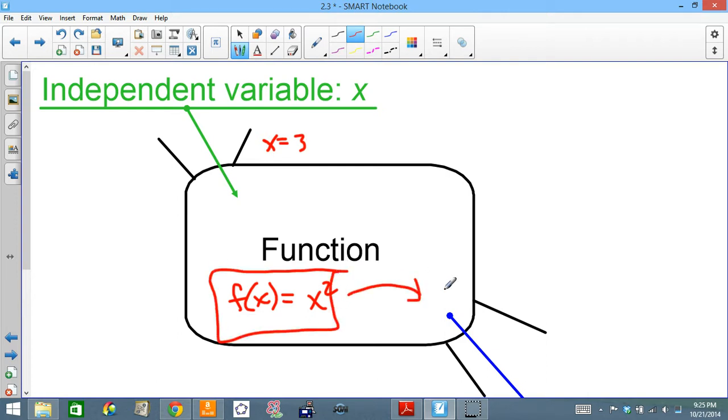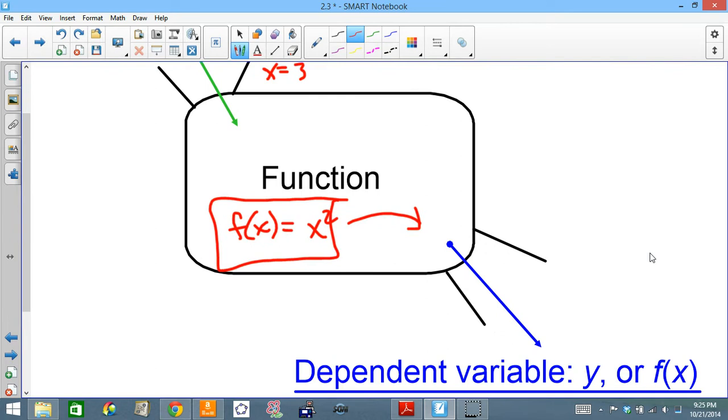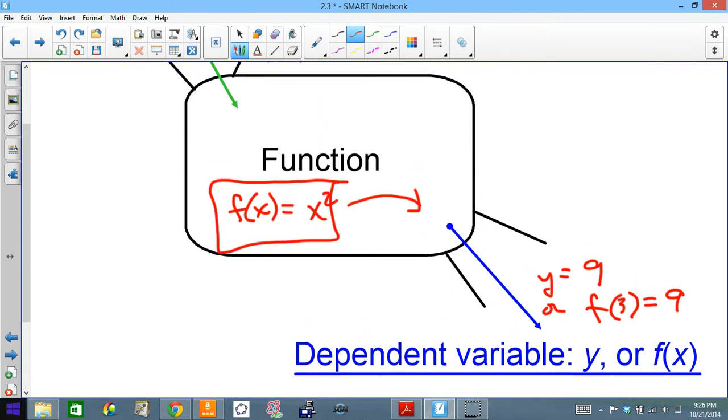And what do I get? I get my dependent variable, f of x, y equals 9. If I start with x equals 3, then y equals 9, or f at 3 equals 9. So that's how that works.